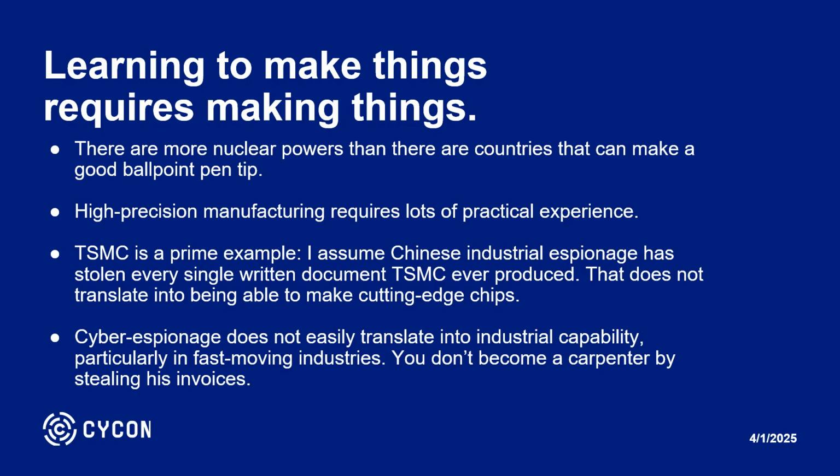Our educational system is very much biased towards theory, where we think that if we've understood how to make something, we can make the thing. And that is not the case. To illustrate this, there are more nuclear powers than countries that can make a good ballpoint pen tip. That's somewhat counterintuitive. China only acquired the capability to make a high-class ballpoint pen tip in 2008 or 2009 after a large government investment program.